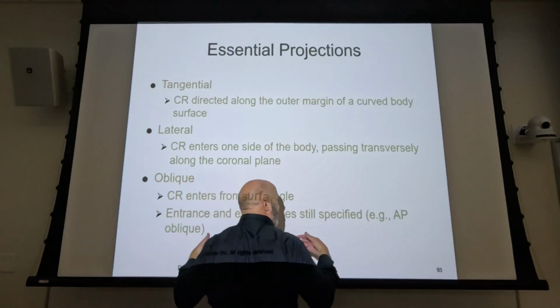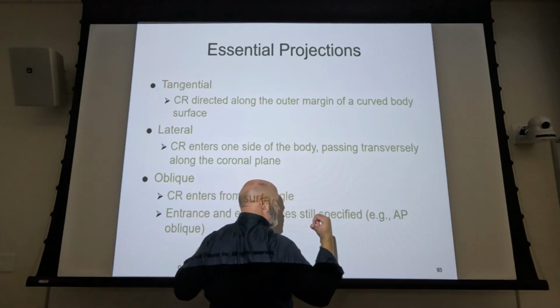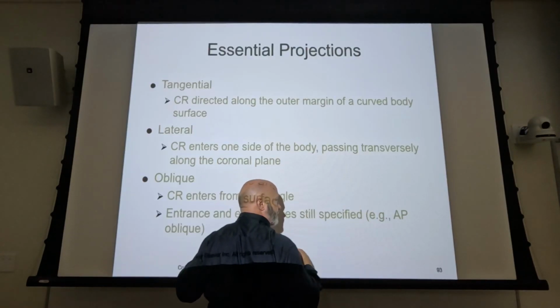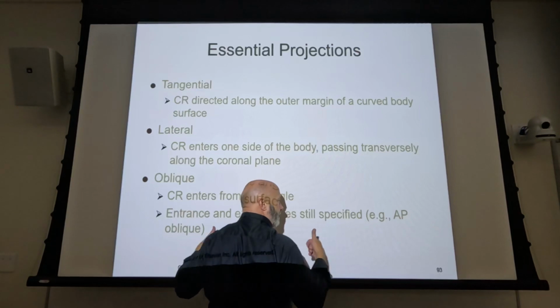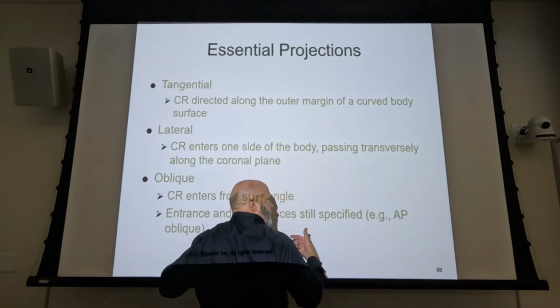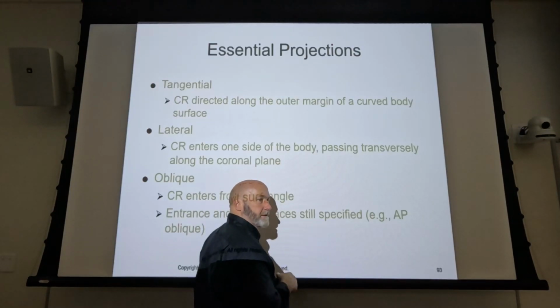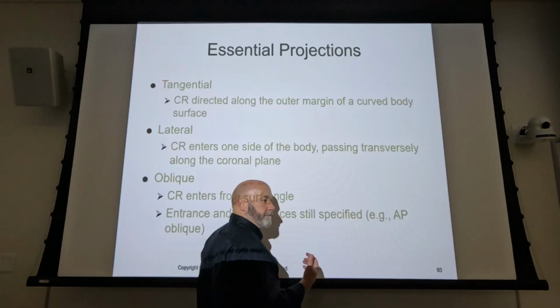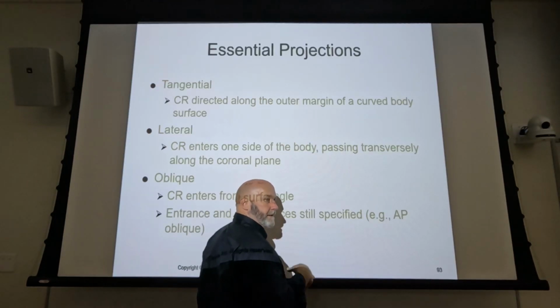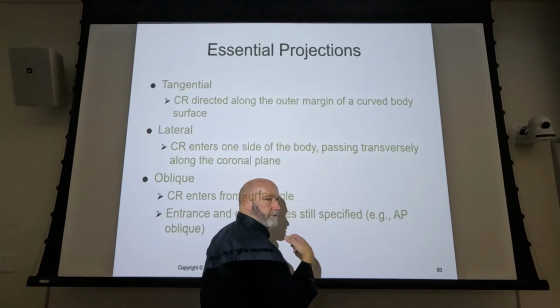So if I'm standing here and the central ray's back there, what is my projection? PA. Okay, what's my body position? I'm upright and, from the point of view of the IR, it's an anterior position, right? So let's say I do an oblique. I turn, let's say 45 degrees. Where's the central ray hitting first? Shoulder, but is it hitting the side of the shoulder, front of the shoulder?